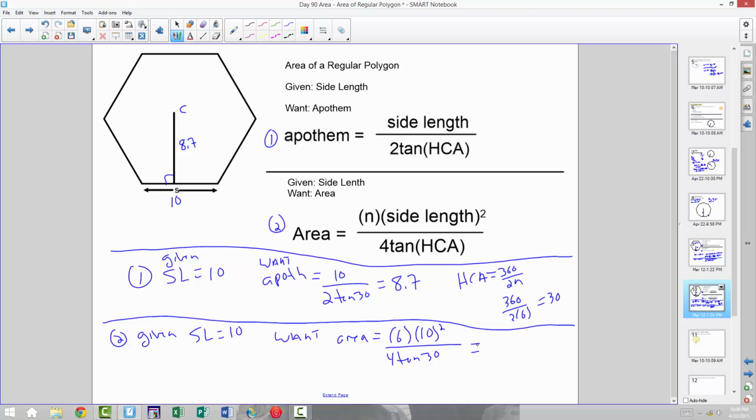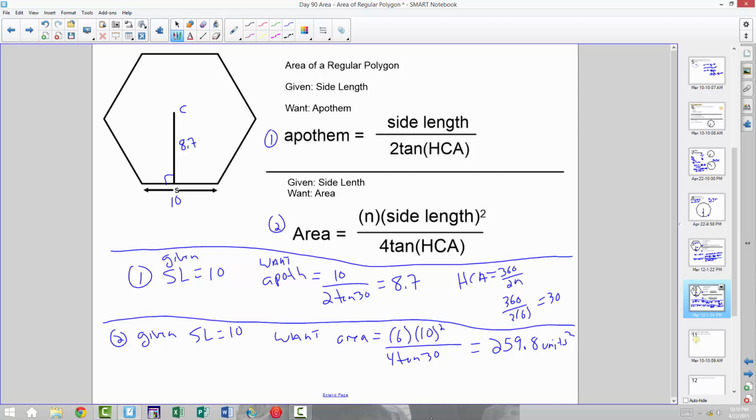Enter that into your calculator. So I have 6 times 10 squared over 4 tan 30. The area will be about 259.8 units squared.